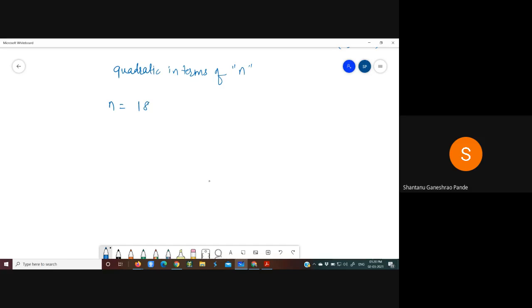Right, so 189.32 mm is the value of n that you are getting.